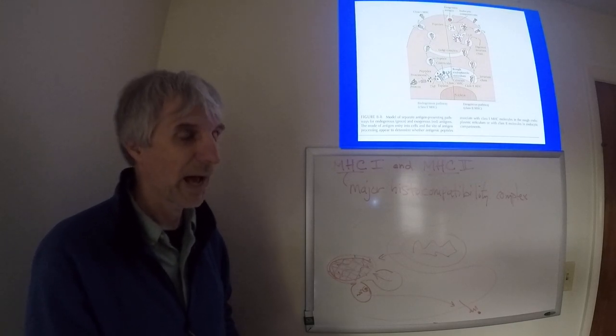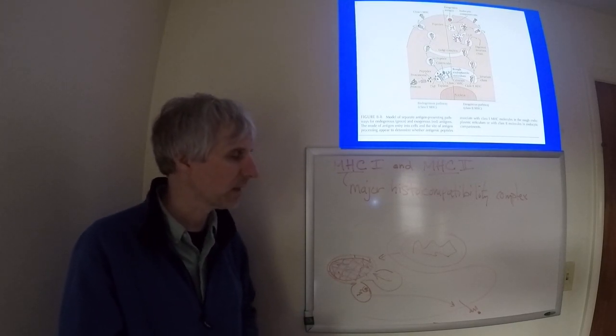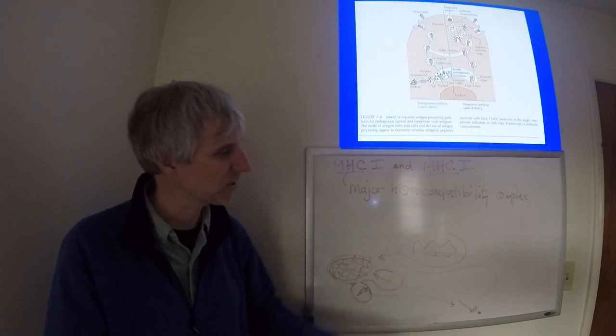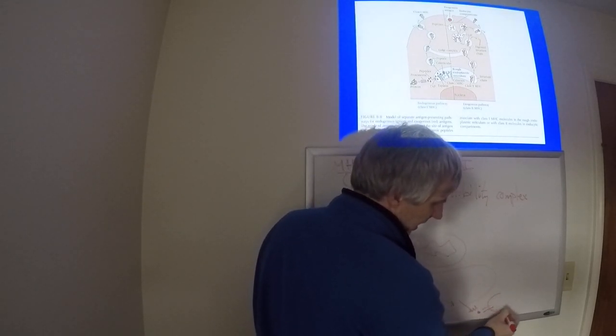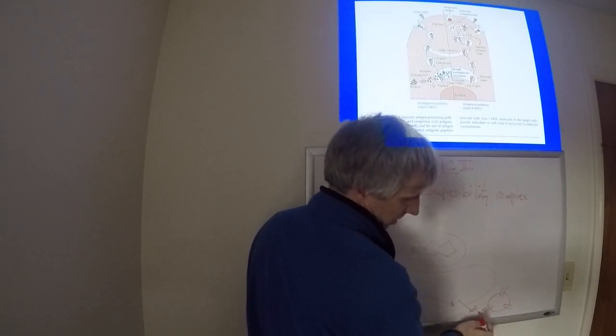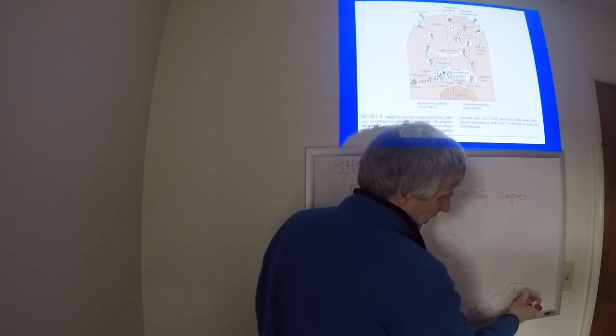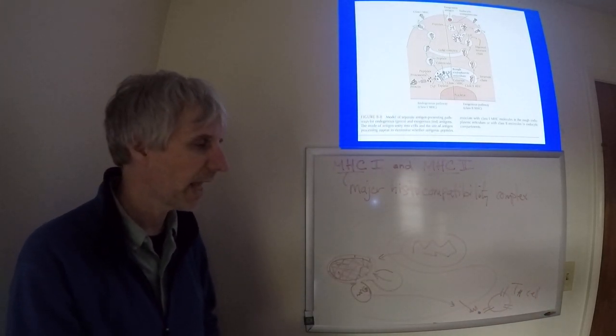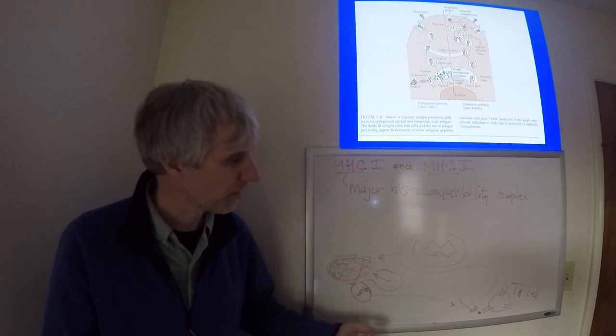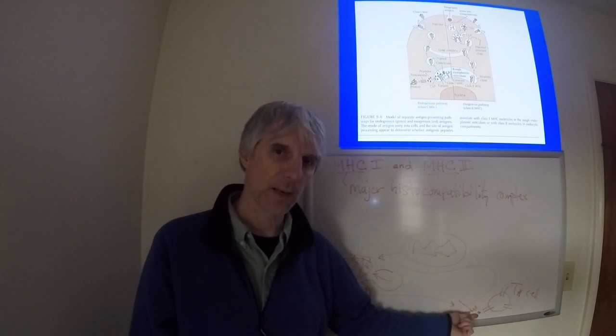Okay? Now, one of the cell types that loves to cruise these phagocytic cells and look at these particular peptides are these little T helper cells. The T helper cells wander around the body looking for these little peptides.